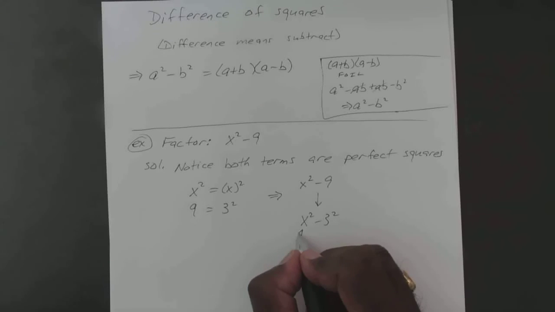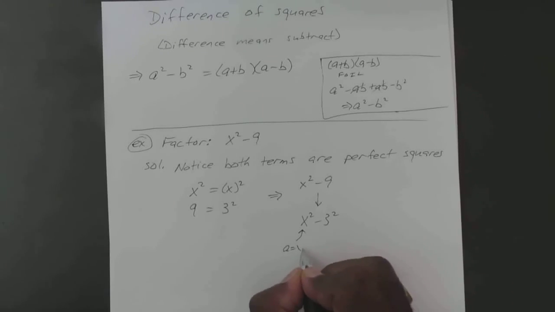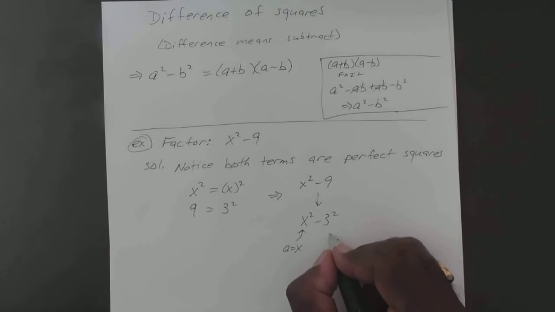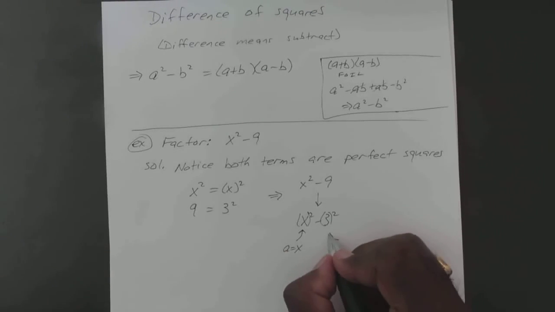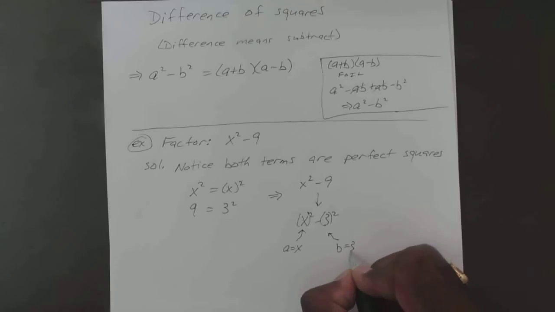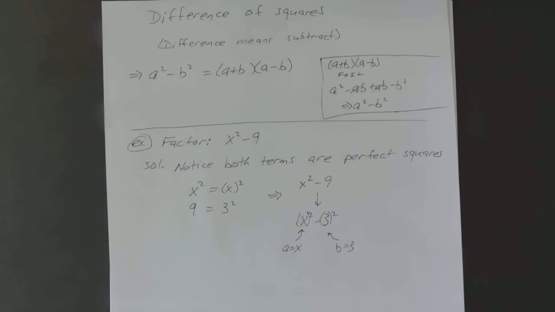Okay, so in this case, your a is equal to x. And let me put the parentheses. Sometimes the parentheses help. And your b is equal to 3. Okay, so you just plug it right into the formula. So a plus b, a minus b, a squared minus b squared.